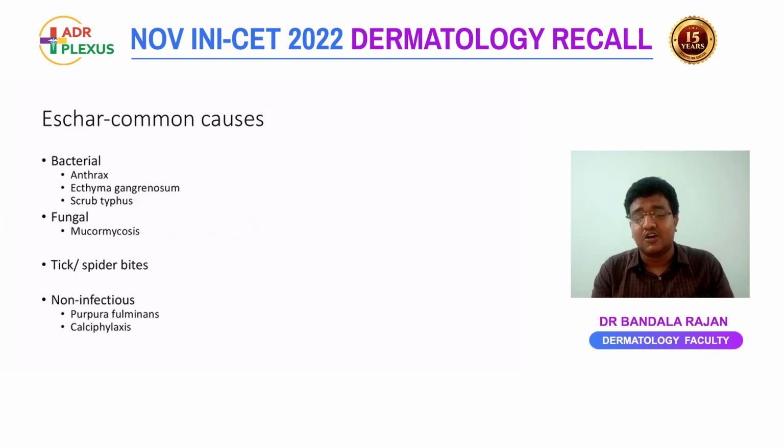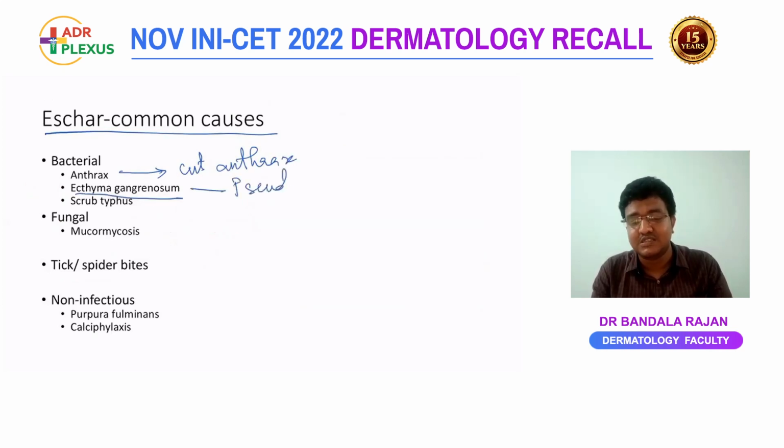We should know the common causes of eschar, mainly infectious. In bacterial, cutaneous anthrax has black eschar, and ecthyma gangrenosum, which is caused by Pseudomonas infection in sepsis or immunosuppressed patients.